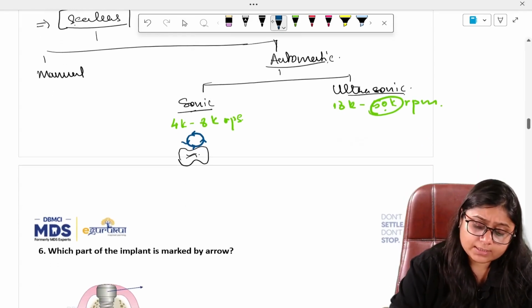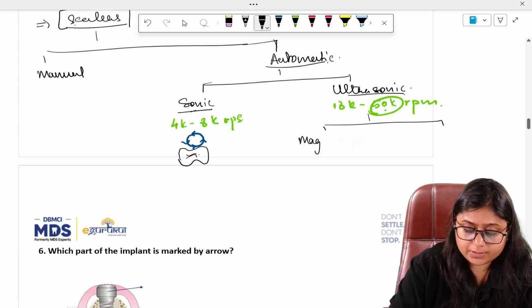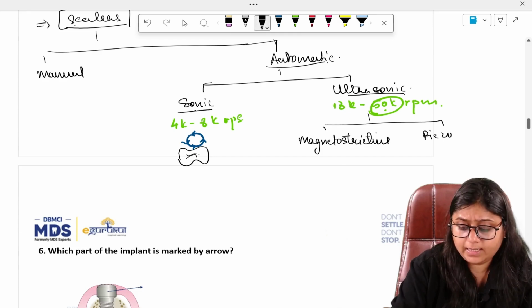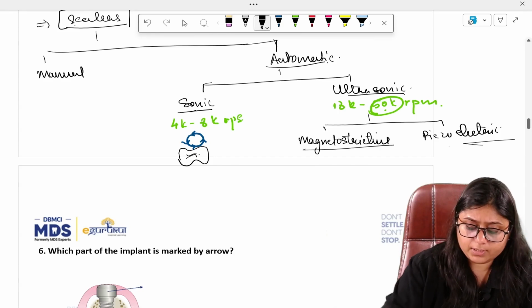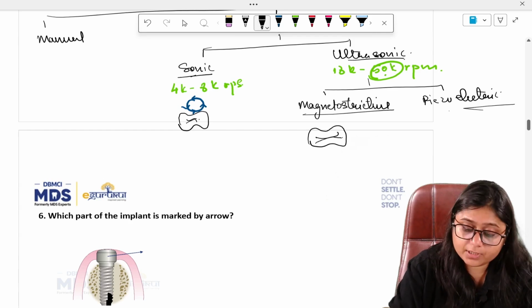Now in ultrasonics, there are two types: magnetostrictive and piezoelectric. Out of these, magnetostrictive has an elliptical motion.